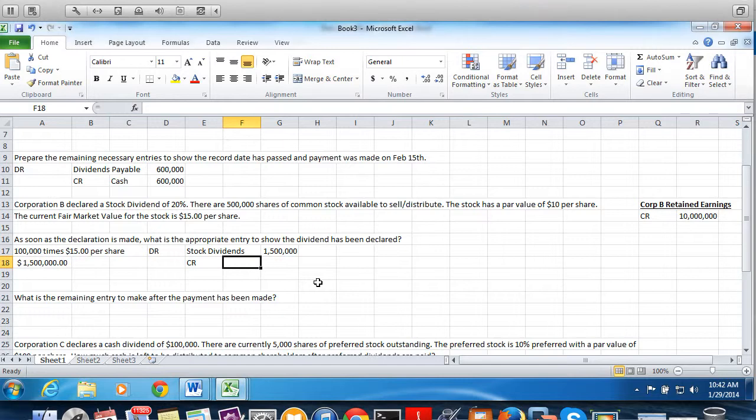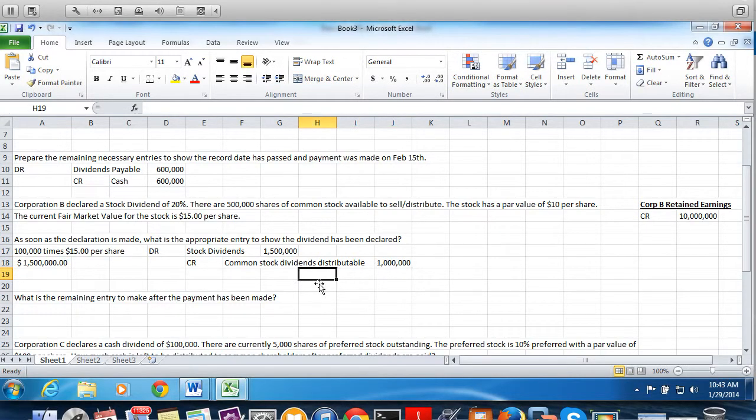So this first account is going to be common stock dividends distributable, and this is just going to show the par value of the stock, so it's just going to be 100,000 times $10 per share, or an even million.